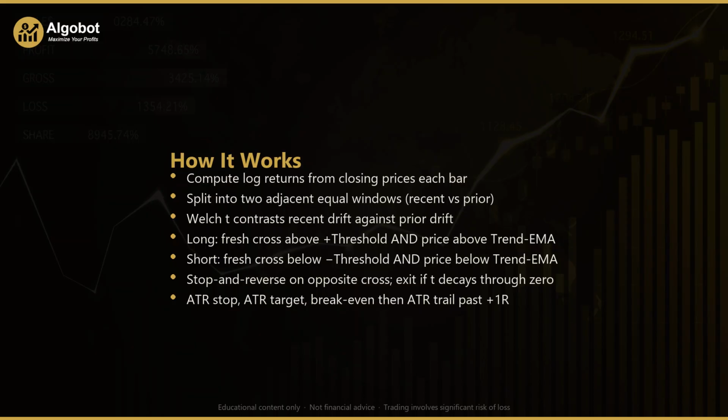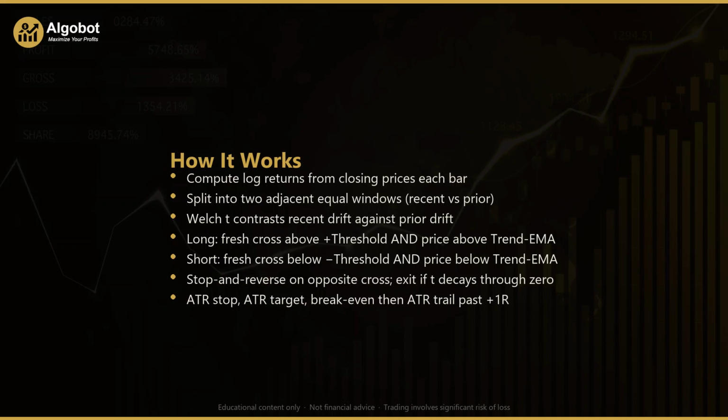Now the rules. The strategy signals a long only when the contrast T makes a fresh cross above the positive threshold, which defaults to +2, and only when price also sits above the slower trend EMA. Both conditions must agree: the statistical shift and the prevailing regime. It signals a short in the mirror image, a fresh cross below -2, with price below the trend EMA.